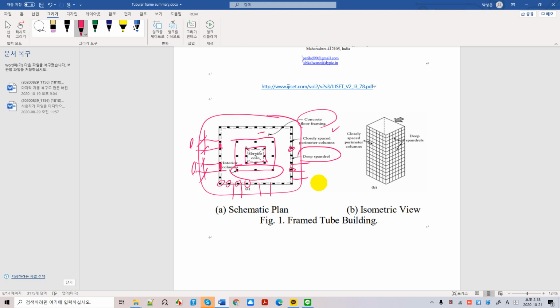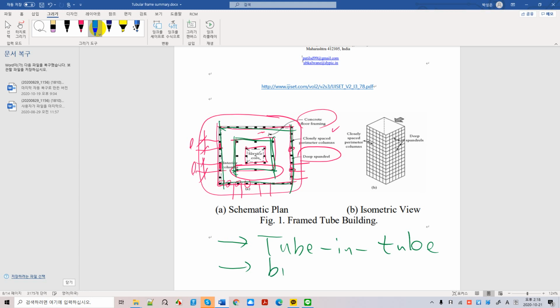So we may have multiple tubes here, exterior tubes, and we have interior tubes here. So we call this type of structure tube in tube. So you can design tube in tube, or you can design a bundle tube.